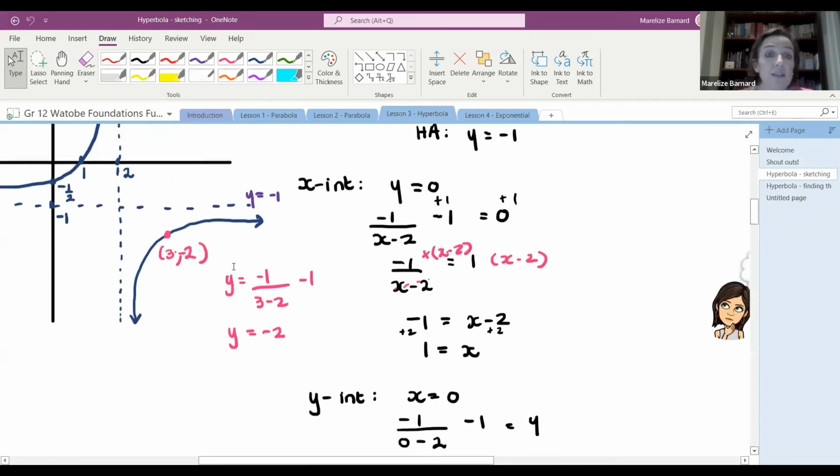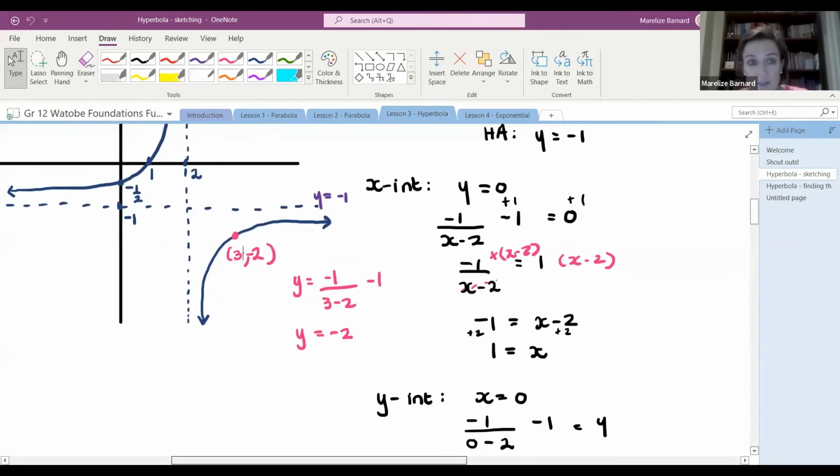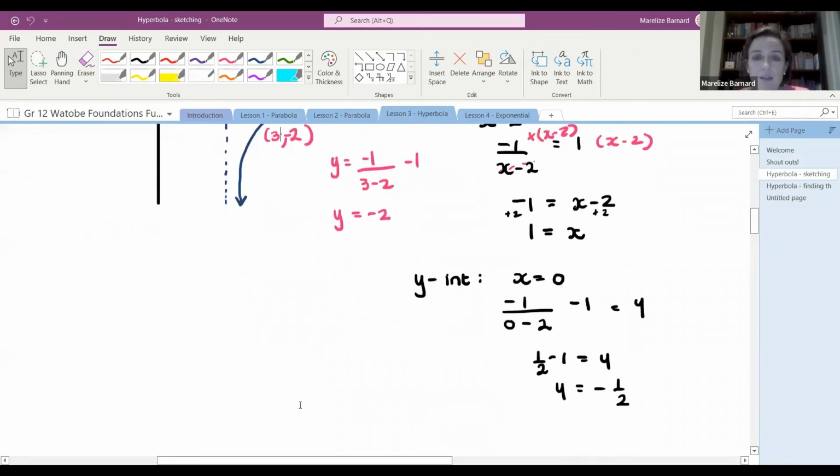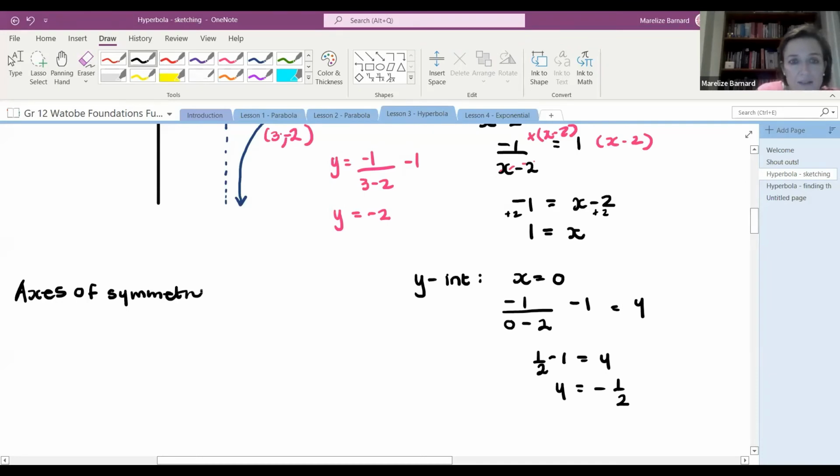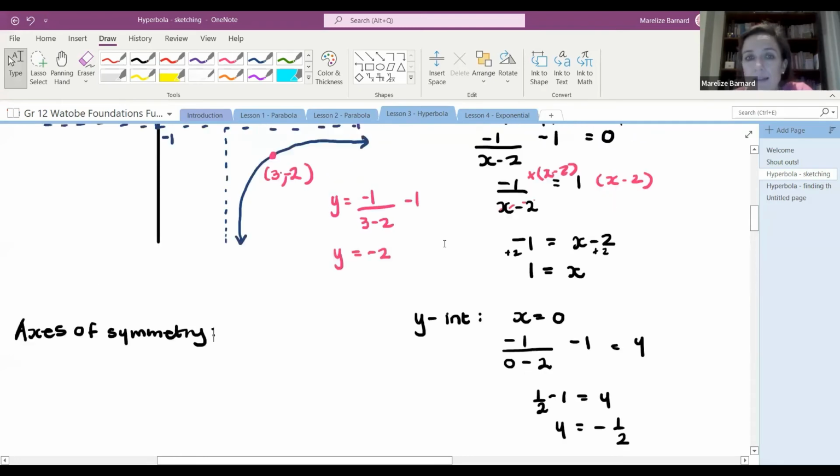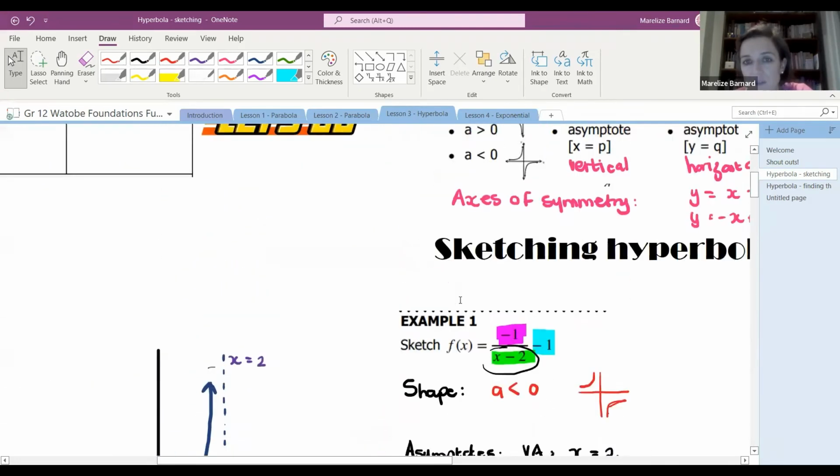Okay, so as I was saying about the axis of symmetry, let's calculate those now. The question will specify, okay? It will definitely tell you to draw the axes of symmetry. Now, as I was saying earlier, the hyperbola has 2 axes of symmetry.